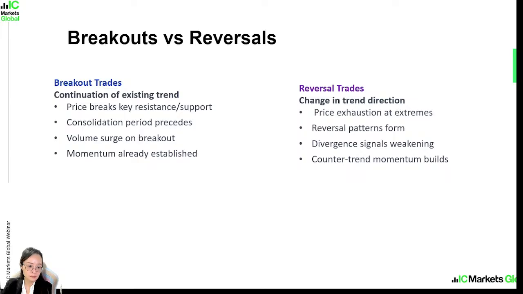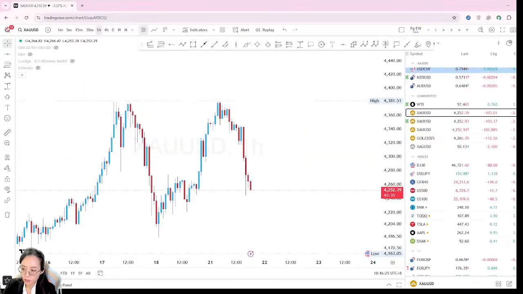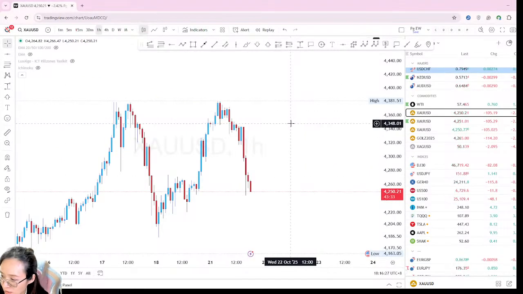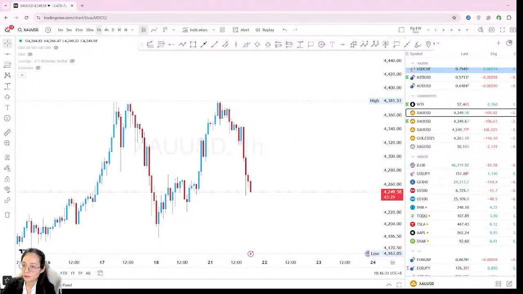The breakout and reversal. For the reversal, I like to play it when I see a divergence or a valid engulfing candle, for example.